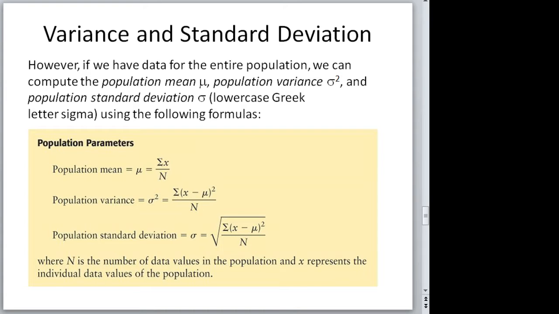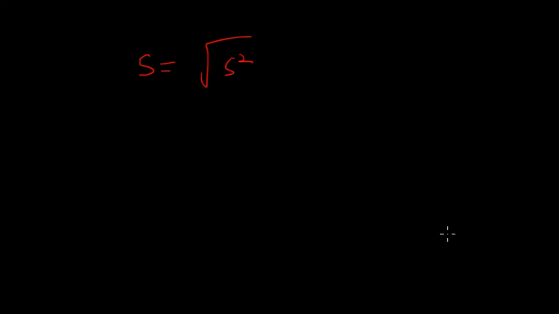So let me write that formula. Sigma square equals, that's called sigma, and that's called sigma too. That's an uppercase Greek letter sigma, that's a lowercase Greek letter sigma. So the sum of x minus mu squared, divided by N. Again, the same symbol: this is add up.